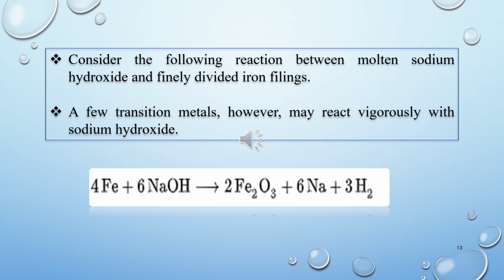Then we have said that sodium hydroxide will react with iron above 500 degrees centigrade and will form iron 3 oxide. And in this figure we have seen the reaction of finely divided iron with molten sodium hydroxide, and it produced iron 3 oxide along with sodium and hydrogen. So these are the reactions of sodium hydroxide with metals and metal oxides.